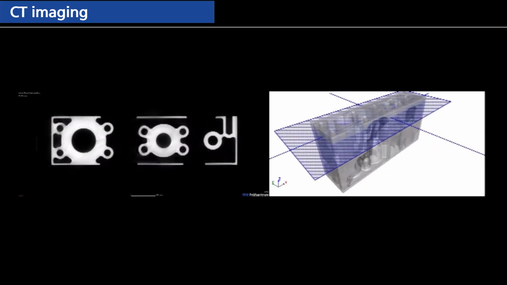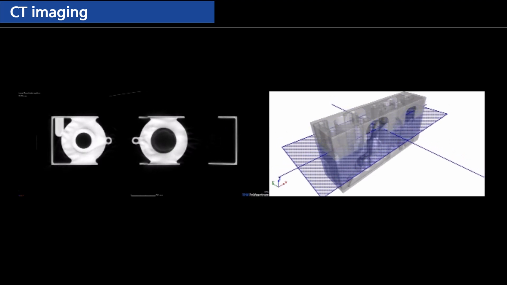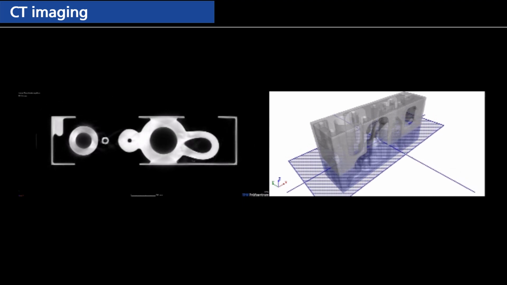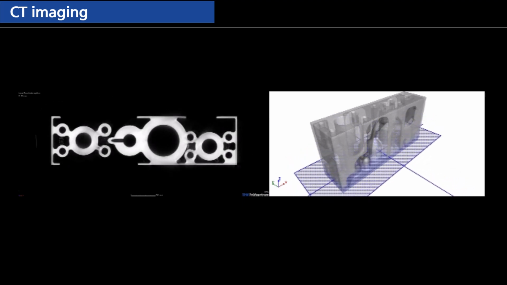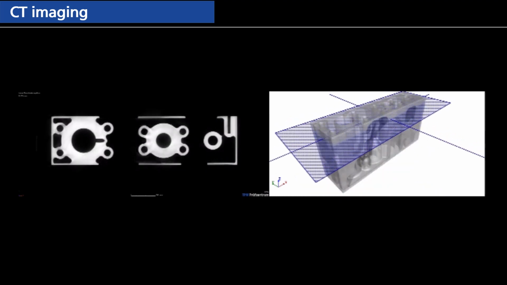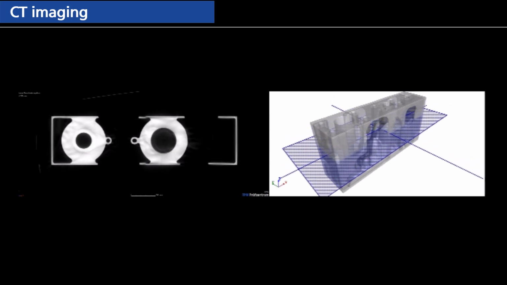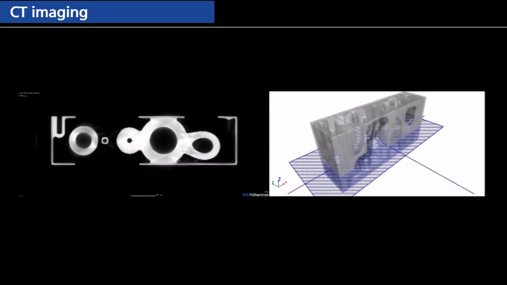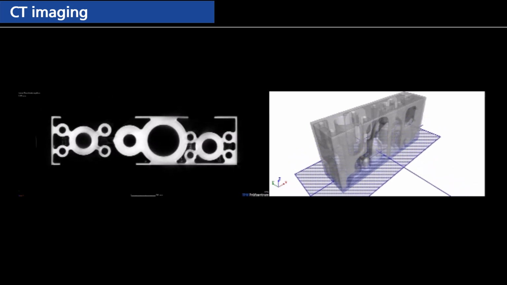And what a slice movie would look like for the example of this larger manifold: basically going from top to bottom of the part, and you see all of these structures inside the part. And what I really want to stress here is that this is not the representation of the CAD model of the part, but this is the representation of the actual part that was scanned by using X-ray images of the rotating sample.